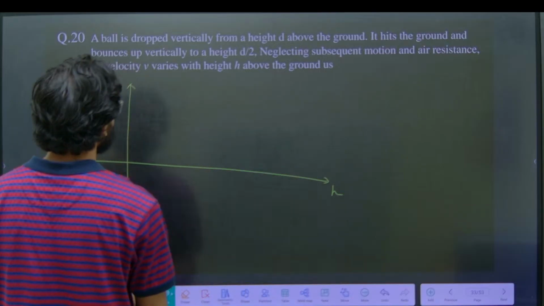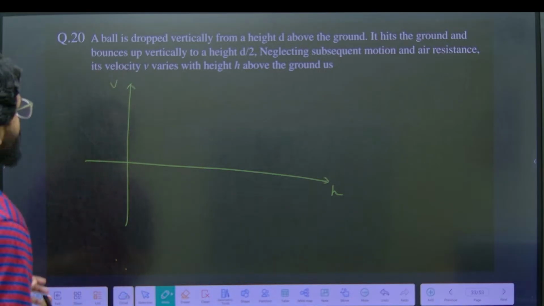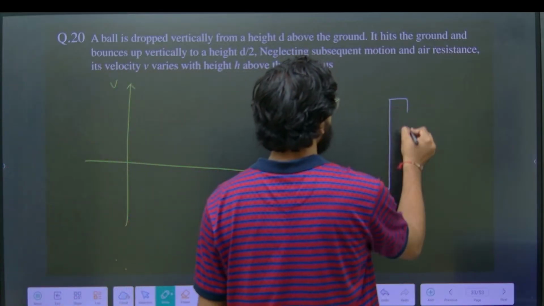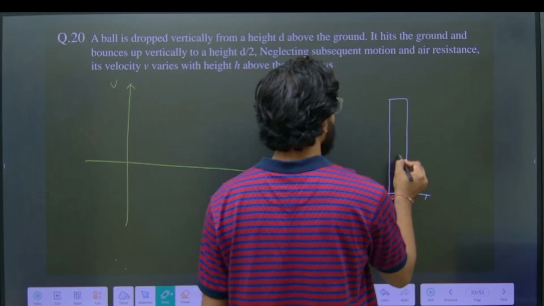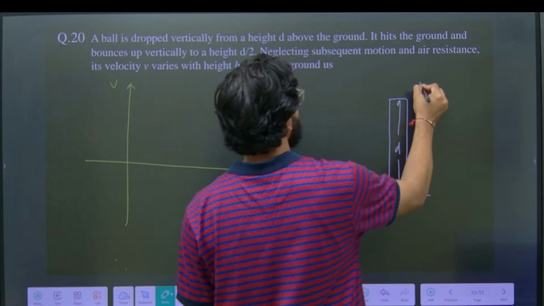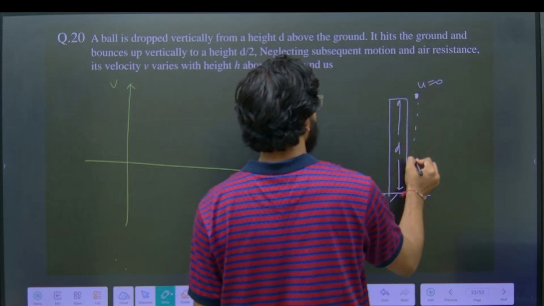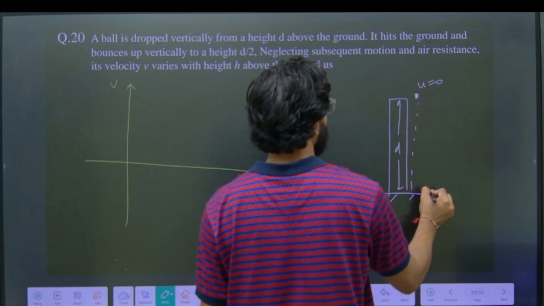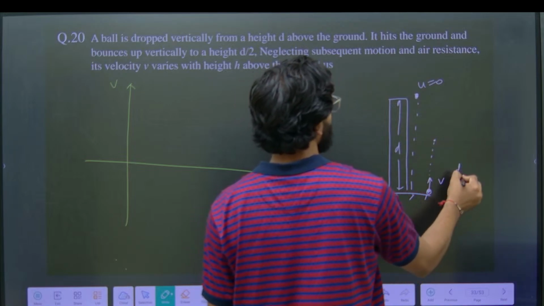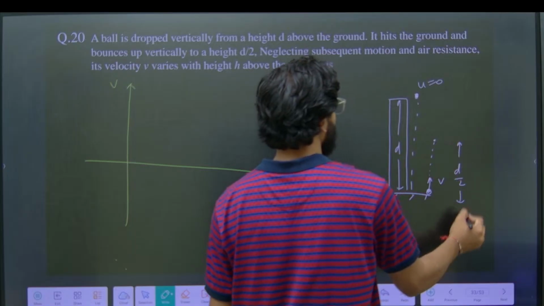So can we say that when this ball was at distance d, its initial velocity was 0. Then when it is bouncing back, it will have a certain velocity and it will reach this distance, d by 2.